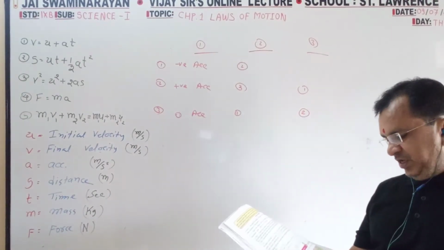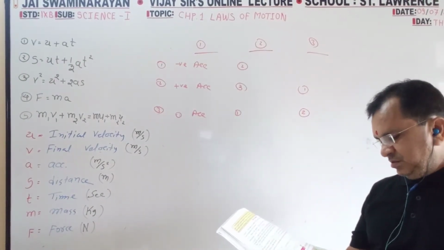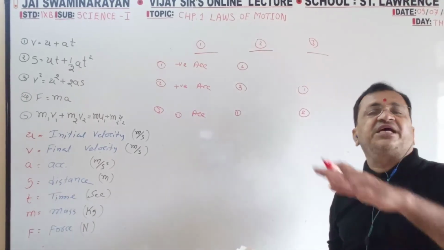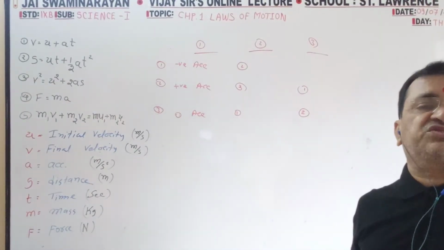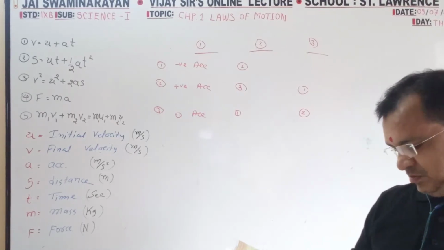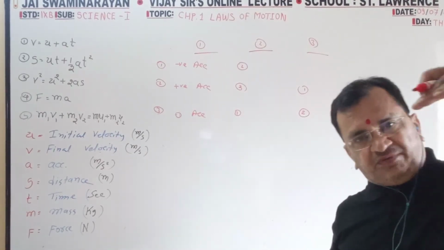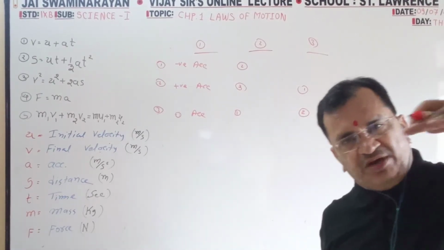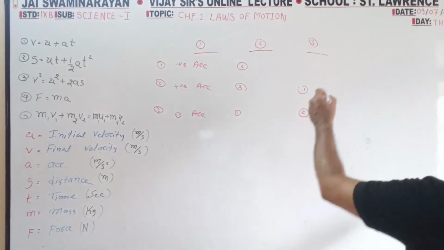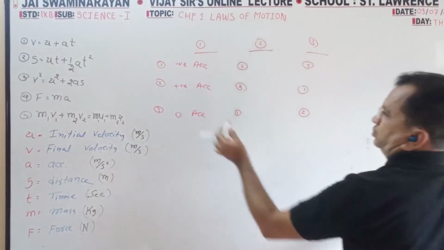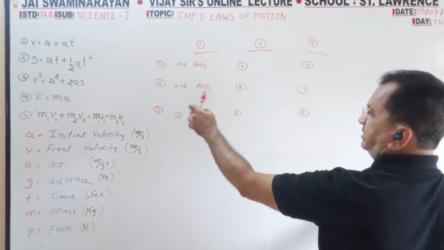Third, vehicle moving. After 5 seconds, 10 meter. After 5 seconds means from the rest. And it is moving and it will stop. So decrease, negative. So this is first, second, third, same as it is.